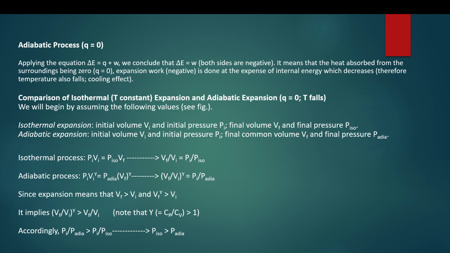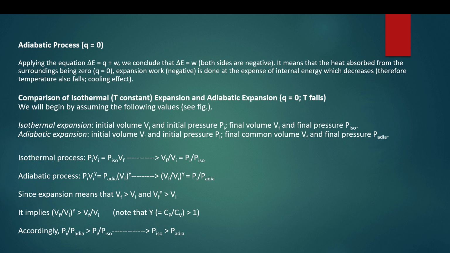Comparison of isothermal expansion and adiabatic expansion. In adiabatic expansion, Q equal to 0, T falls. In isothermal, T constant. We will begin by assuming the following values and referring to the figure.